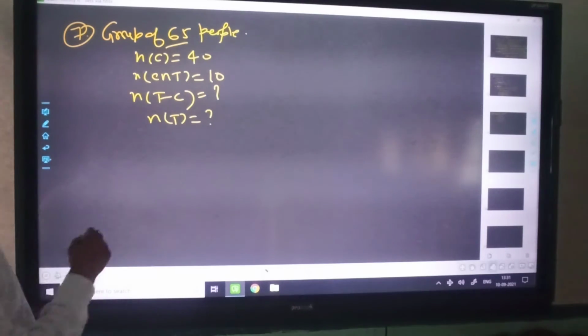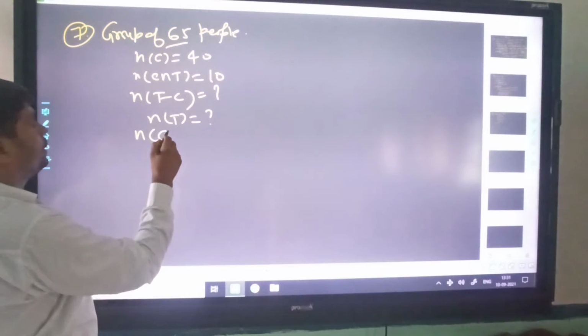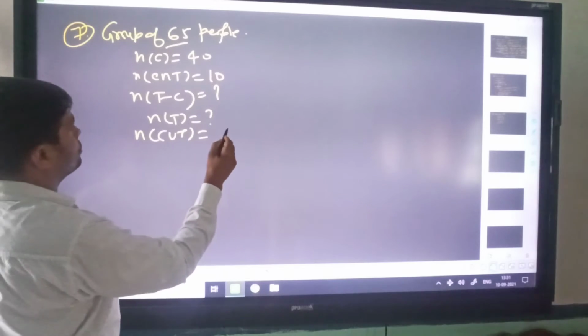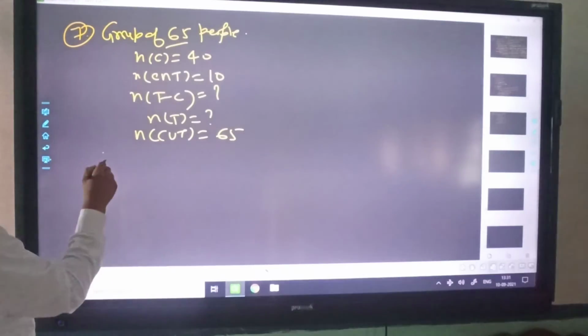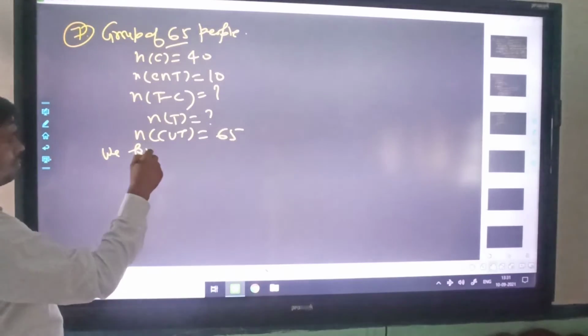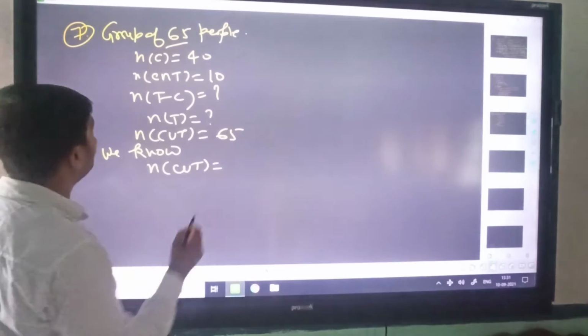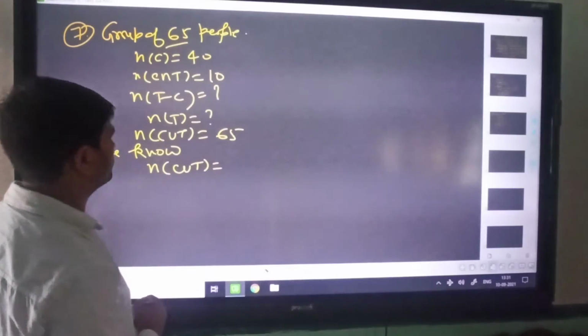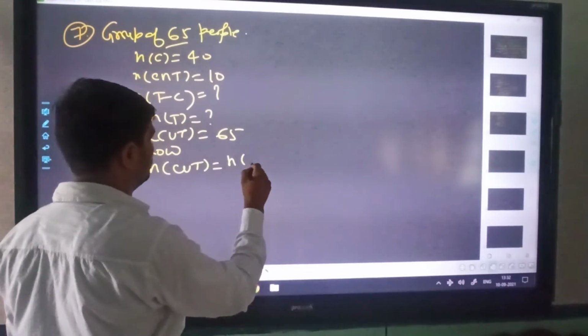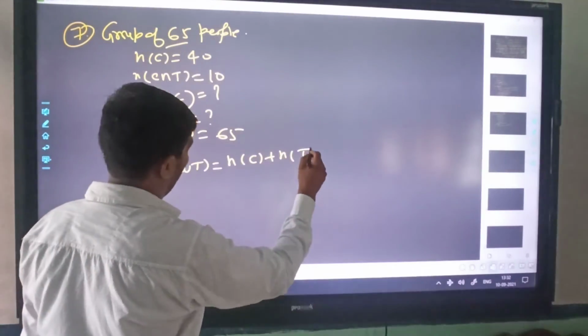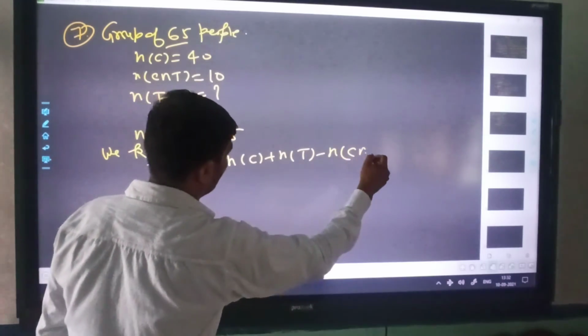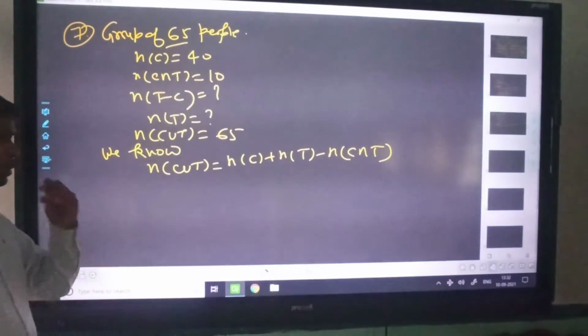Union. So this will be n(C union T) equals 65. We know n(C union T) equals C or T, that is n(C) plus n(T) minus n(C intersection T).